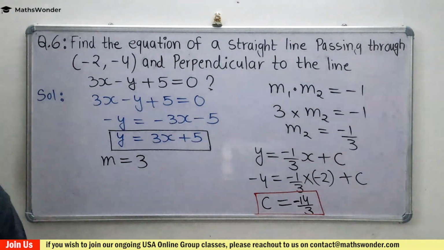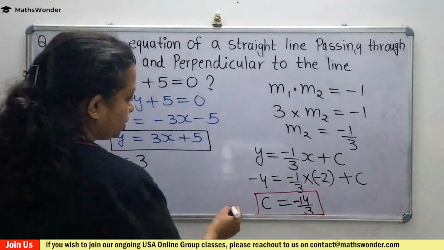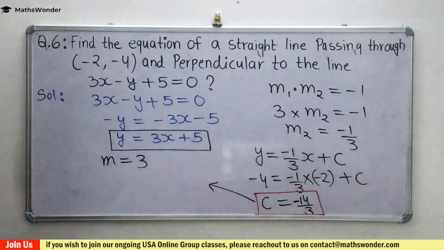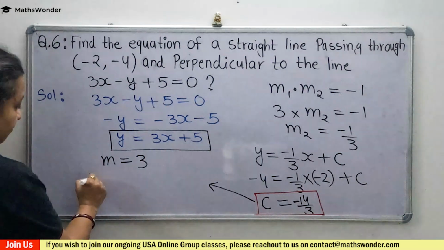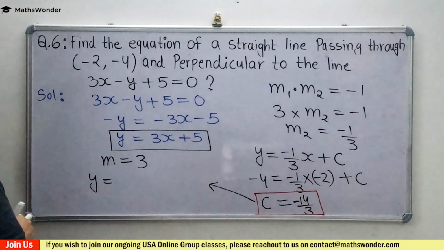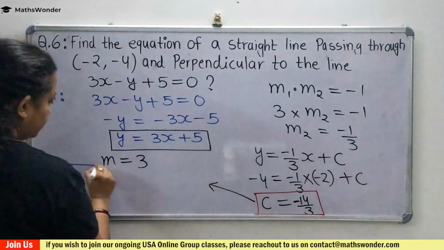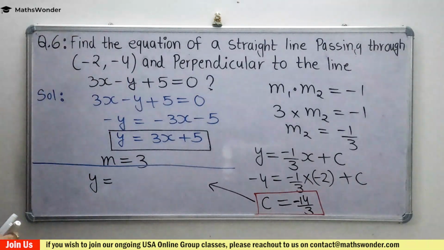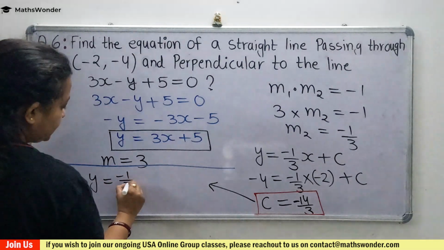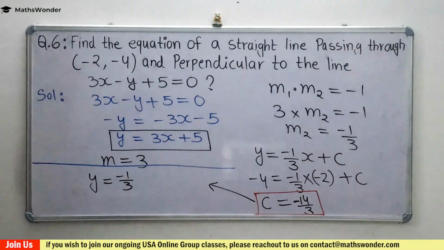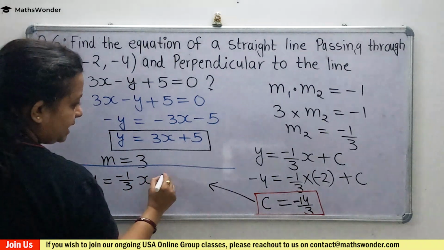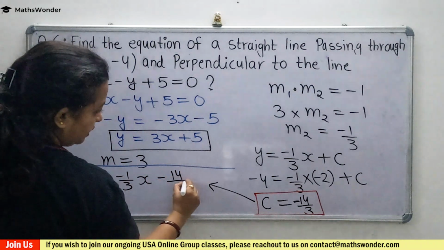So how will you form the equation? This is not your equation, okay? Now we have to find the equation here. So now I am writing here. Your equation will be y is equals to -1/3 will be the second slope, x is x, okay, and c is -14/3.